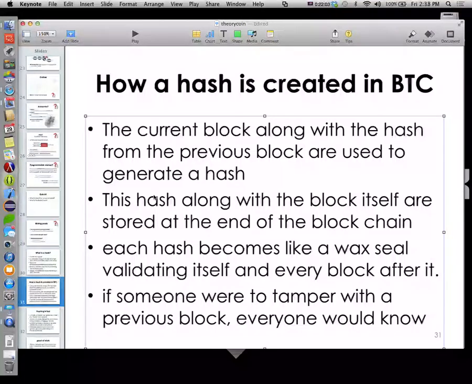Okay? So this hash, along with the block itself, are stored at the end of the blockchain. So the blockchain is technically more than just transactions. It's also a collection of the previous winning hashes. And that's important for validation purposes.